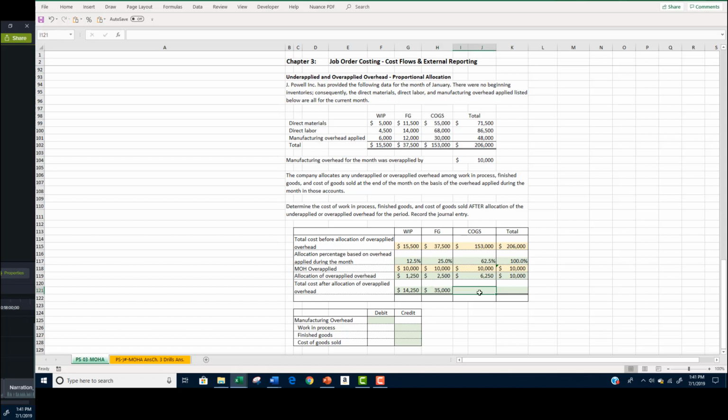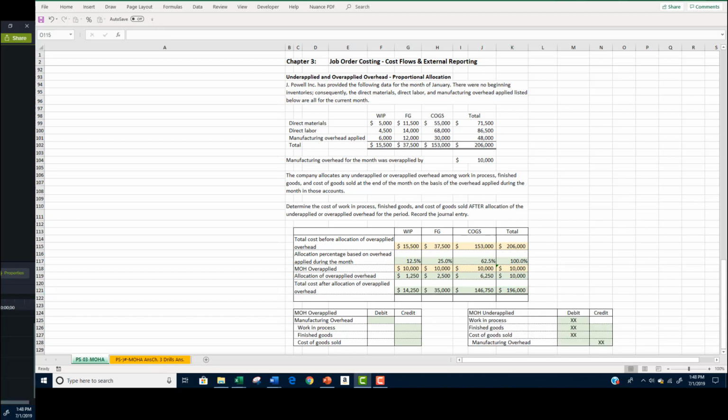Cost of goods sold is $146,750 as we subtract $6,250 from $153,000. Adding across gives us a total cost of $196,000, which is $10,000 less than the $206,000 that was in the unadjusted balance.